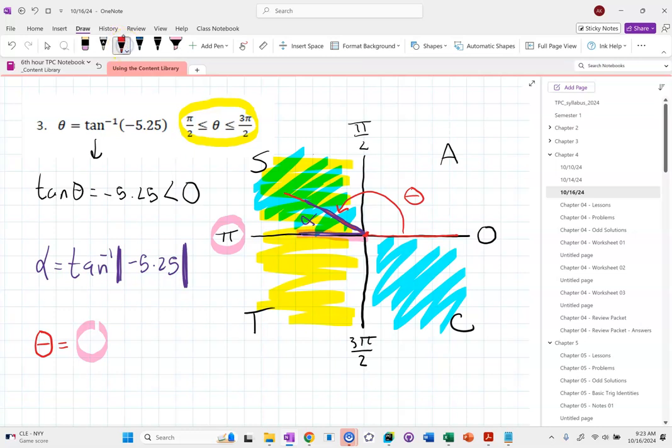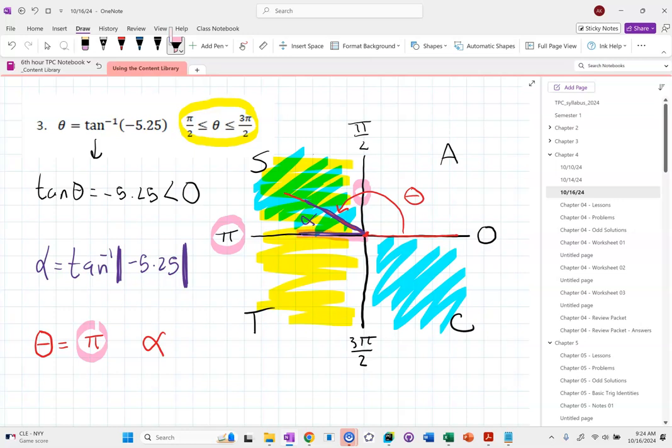Is that okay? And then it's always going to be either plus or minus alpha. I can tell the plus or minus piece by whether my theta is positive or negative, and which axis was the last axis I crossed before hitting that terminal side. So in this case, it was the y-axis.